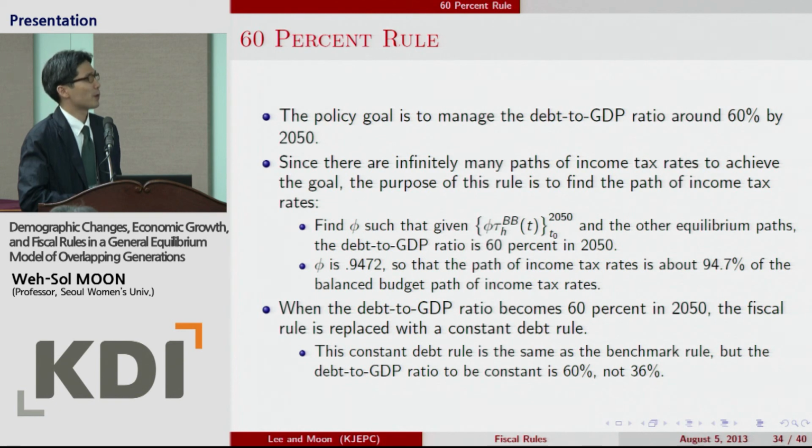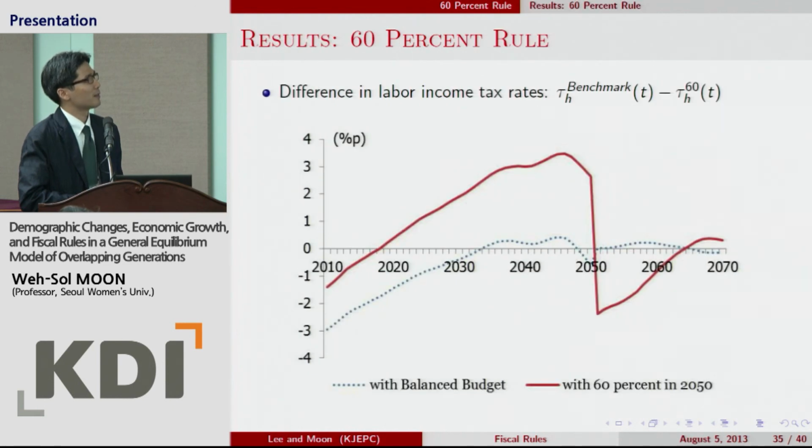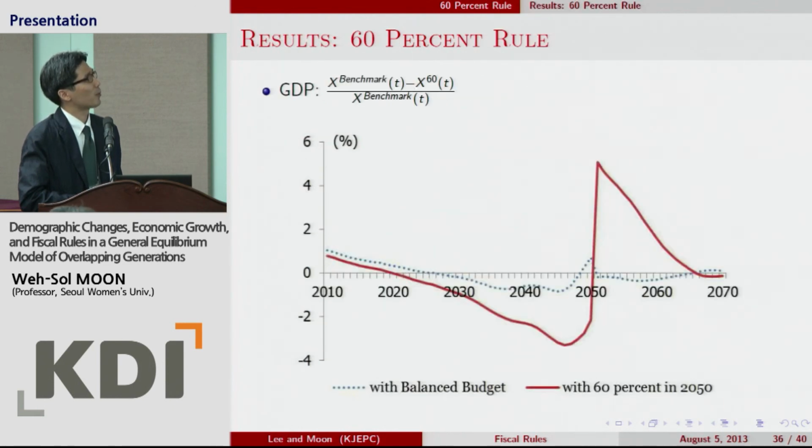Finally, the third rule is a 60% rule. The result is much better than a balanced budget rule or constant debt rule. But I want to show you this result. The GDP is much better with a 60% rule, but after 2050 it goes down.